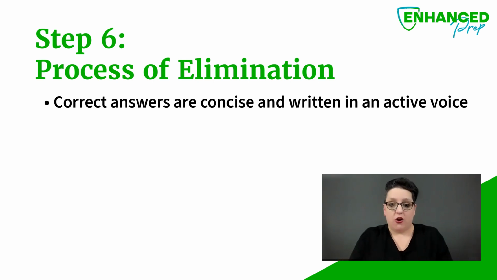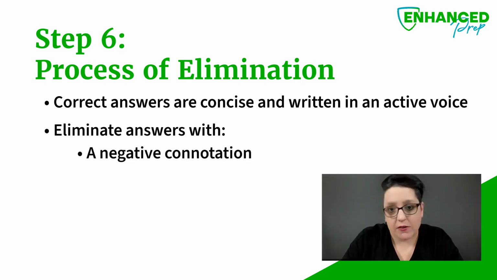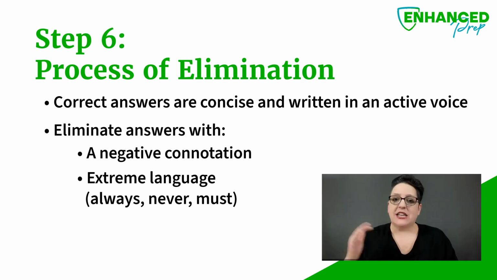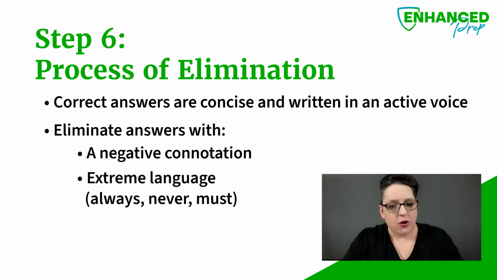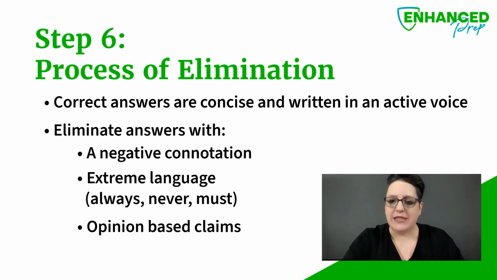You want to make sure that you're ignoring or eliminating with your process of elimination any answer choices that have a negative connotation about the subject or the author, any answer choices that have extreme language, such as always, never, must, words of that nature. Also, the answer choices cannot offend anyone. So make sure that they have a neutral approach to them, and make sure that there's no opinion-based words in them, because this has to be factually represented in the passage as it's presented.